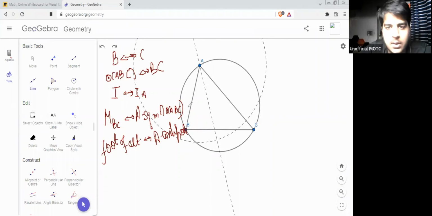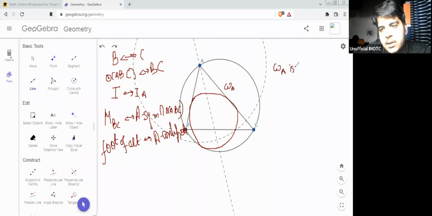I won't be drawing the exact circle, it's too much work. Let's say this is the mixed linear circle. Then notice that this thing, let's call it omega A, is tangent to AB, AC, and the circumcircle ABC.